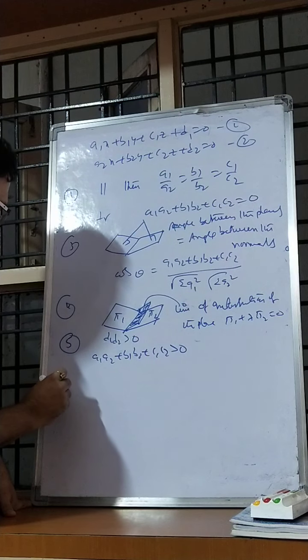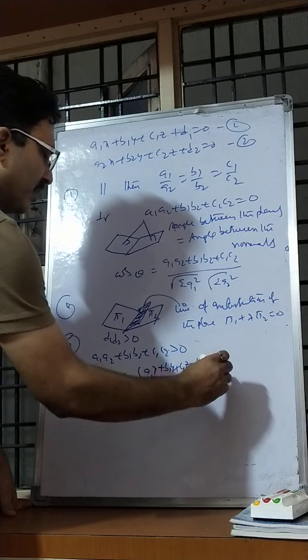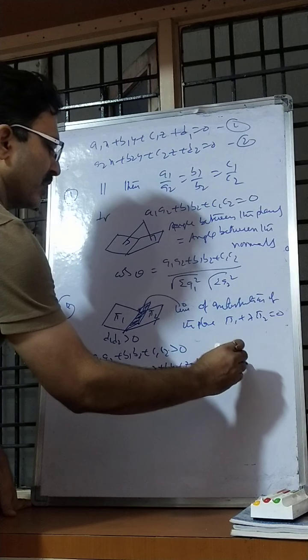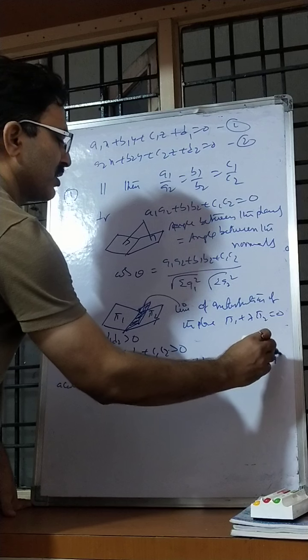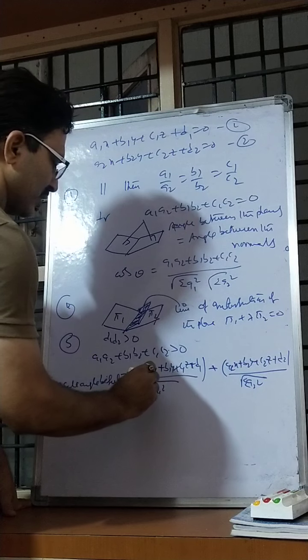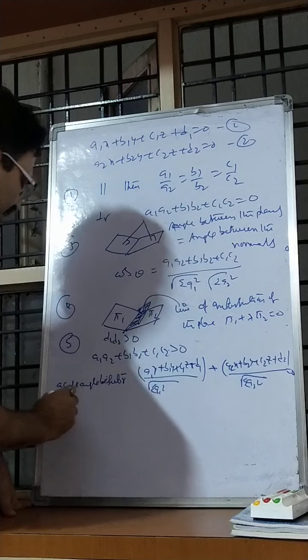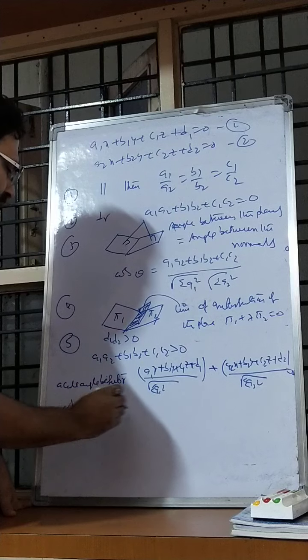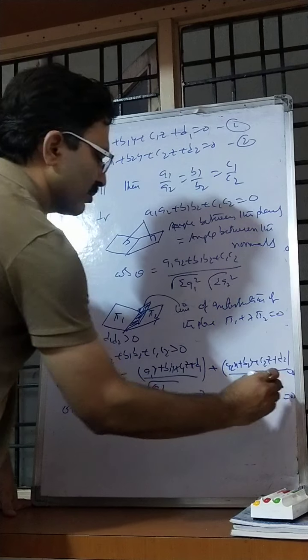Then you get the acute angle bisector as (a1x plus b1y plus c1z plus d1) divided by root of sigma a1 square, with a plus sign, plus (a2x plus b2y plus c2z plus d2) divided by root of sigma a2 square, equal to 0. The obtuse angle bisector is the same but with a minus.